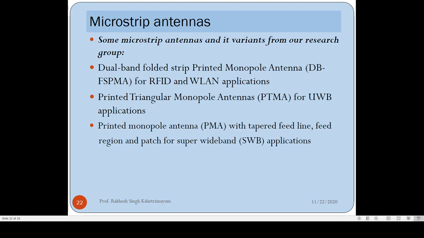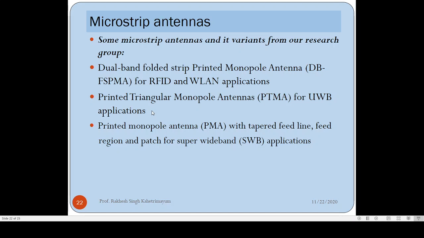We have done a lot of research on the printed monopole antenna. So these are some of the work with my PhD students. This is the work with my second PhD student. We have designed a dual band printed monopole antenna for RFID and wireless LAN application, and the remaining 2 works are with my 5th PhD student. We have designed a printed triangular monopole antenna for ultra wideband applications.